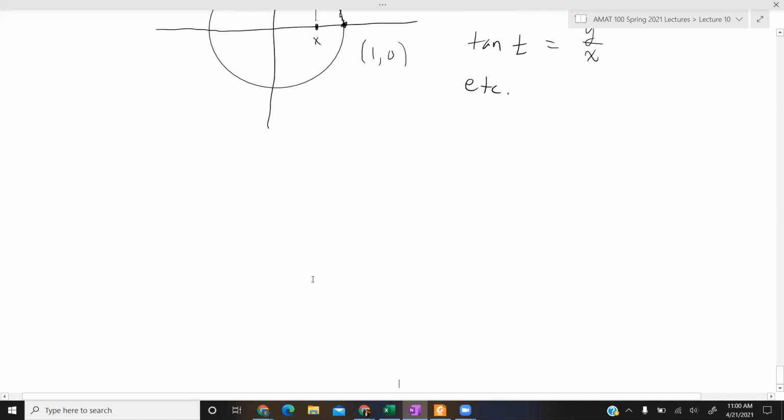You have two rays, and the angle measure is basically the amount you have to rotate the initial ray so it coincides with the terminal ray. That's roughly what an angle is. We went into more detail in the other video, and if you need to see more of that detail, you can go back.